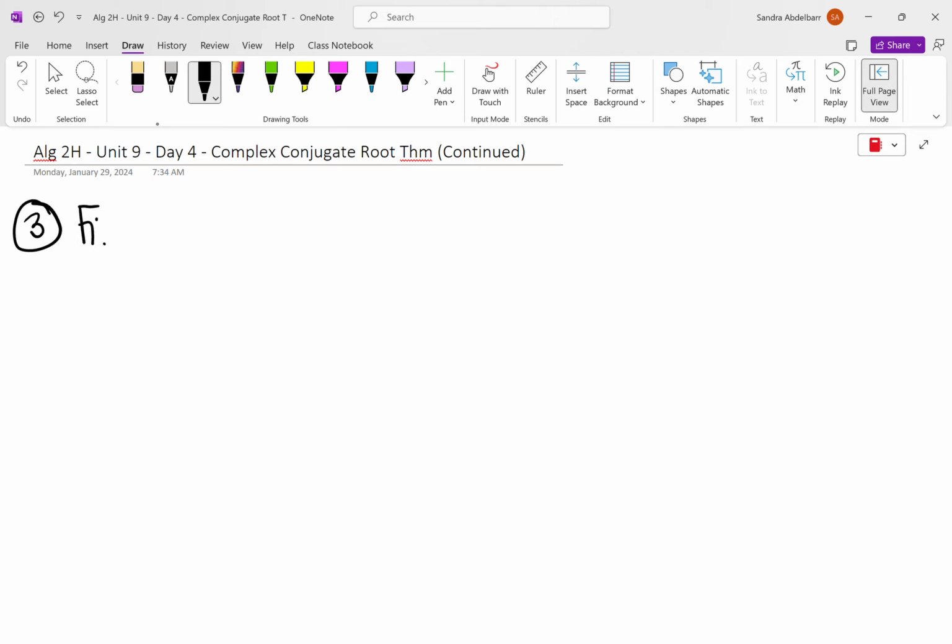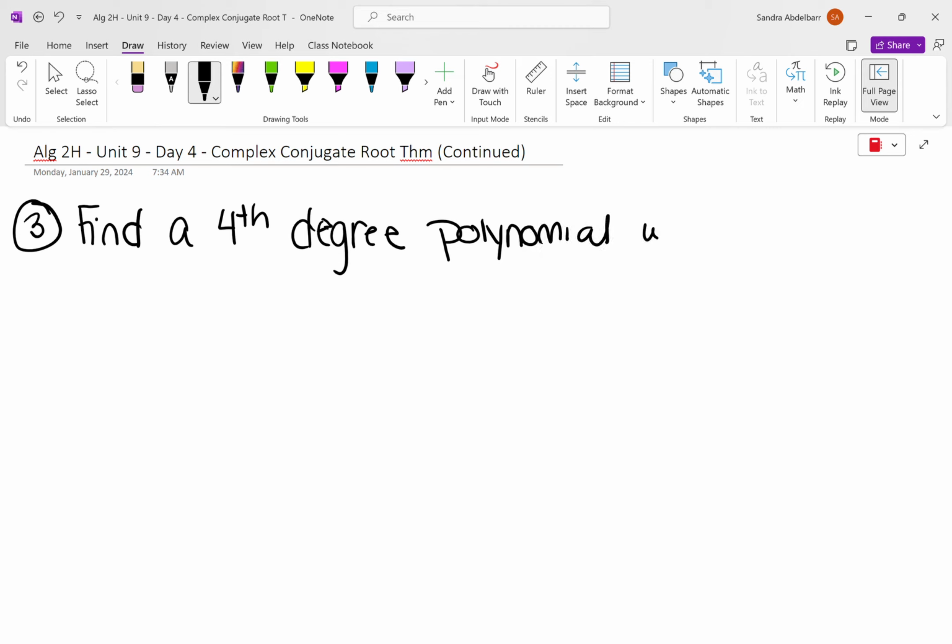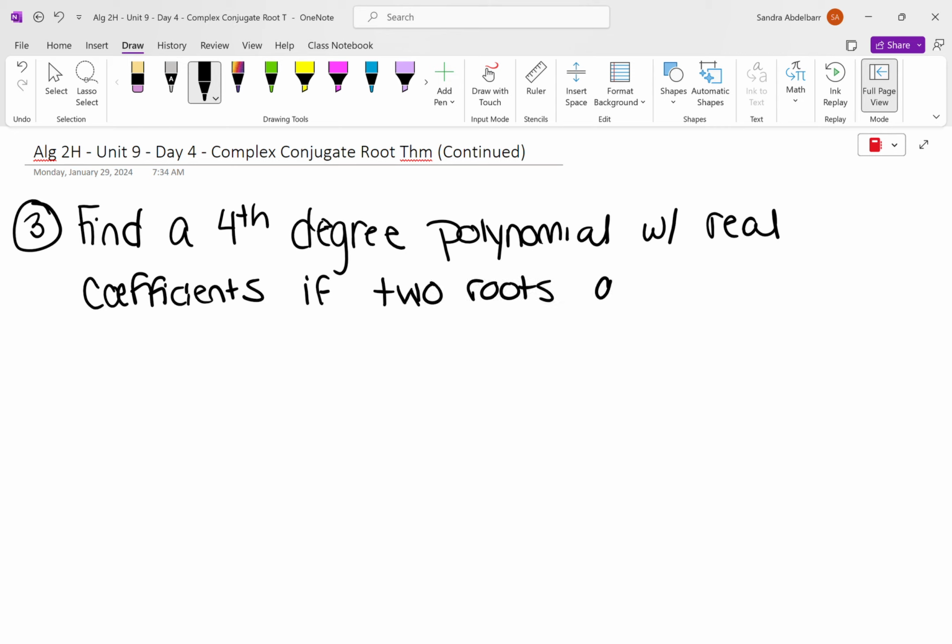I want us to find a 4th degree polynomial with real coefficients if 2 roots are 3i and 1 plus i.